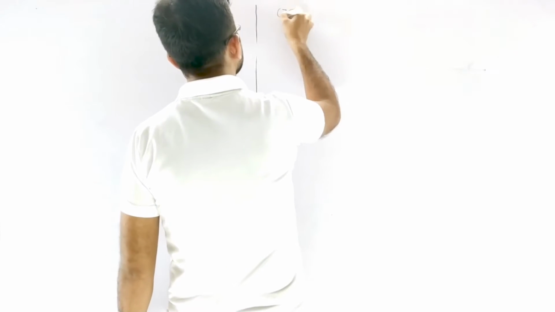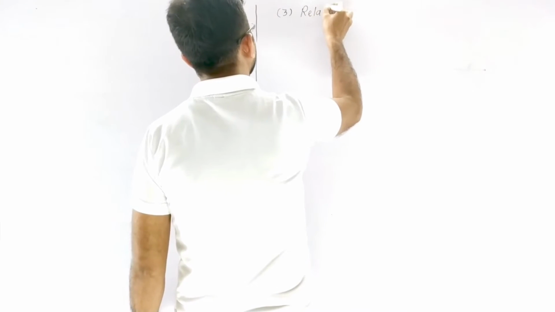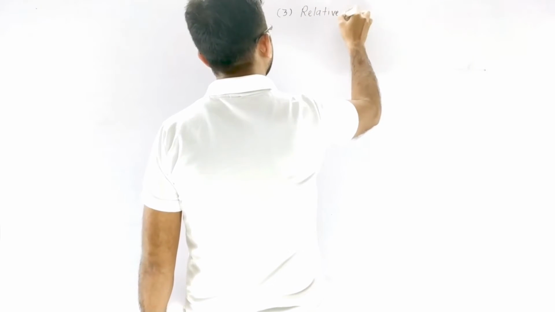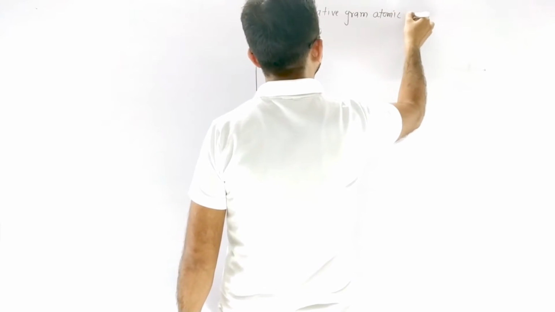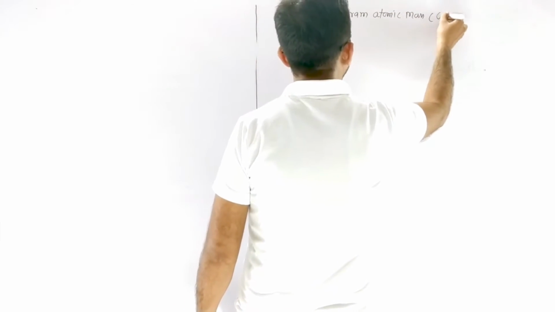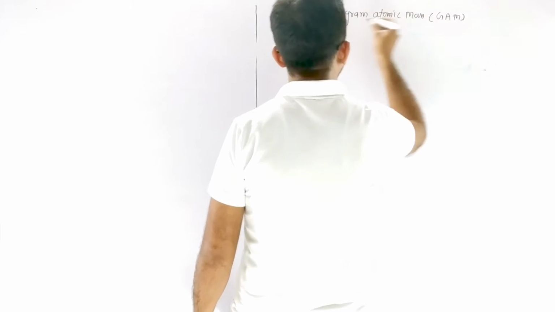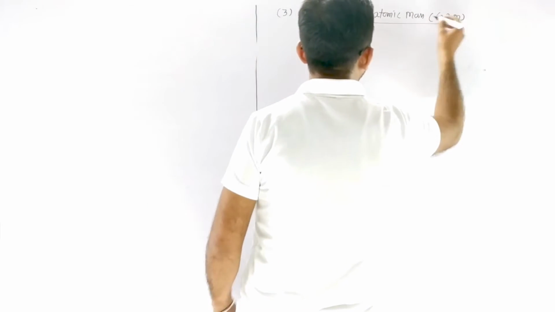Next, the third term we discuss is relative gram atomic mass, or in short form we also write GAM, gram atomic mass. What is the meaning of gram atomic mass?